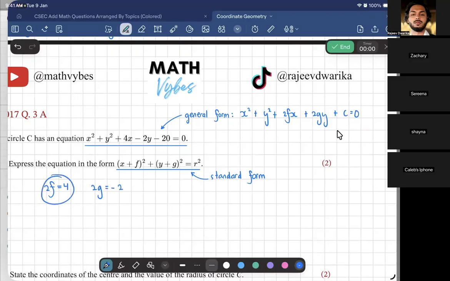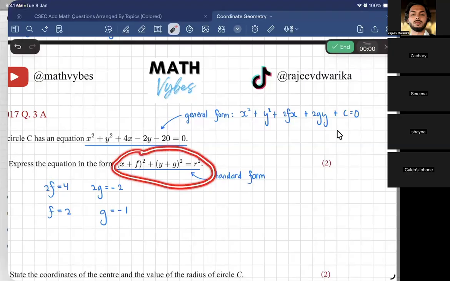How would I find for F? 4 divided by 2, sir. Right? So 4 divided by 2 is 2. How would I find G? Minus 2 divided by 2 is minus 1, sir. Right, minus 1. Cool. So in this form, what did you find so far? F and G. What do we need to find next?